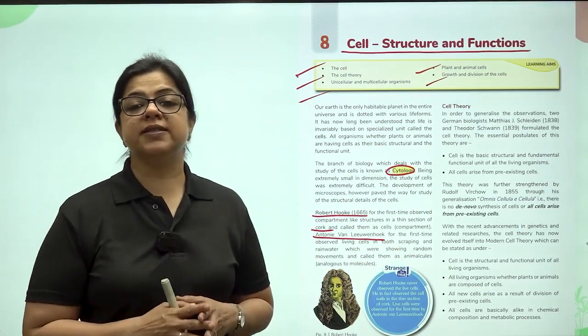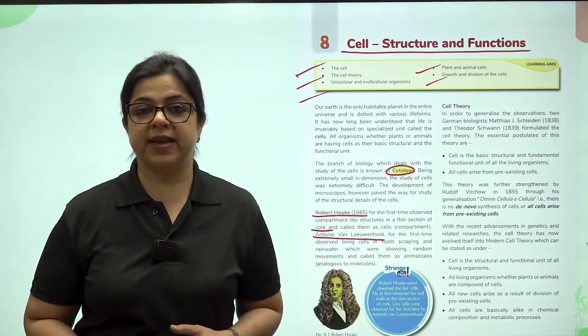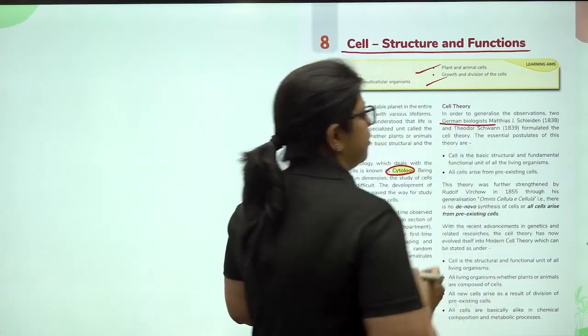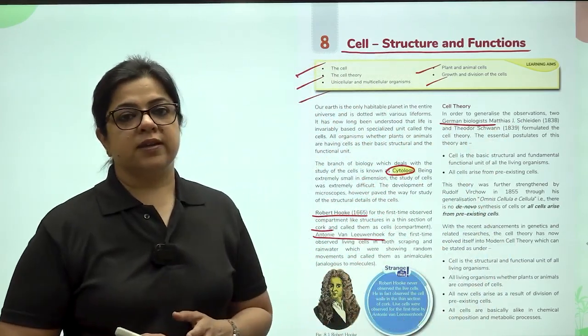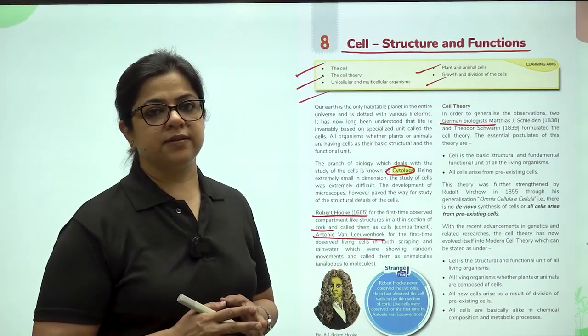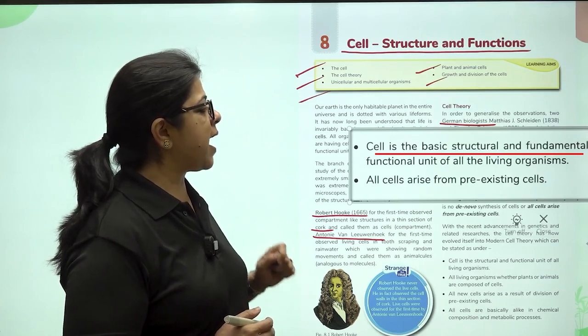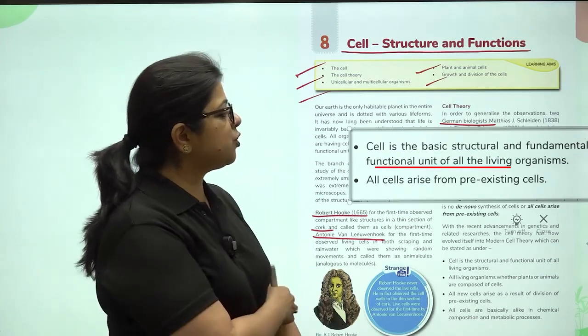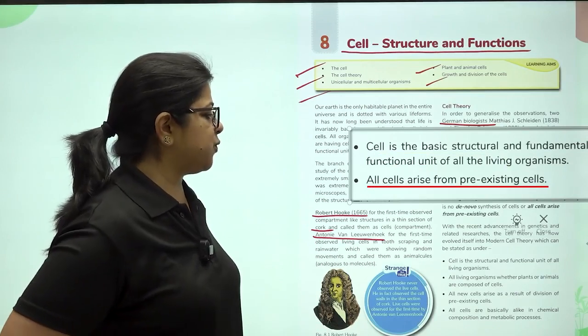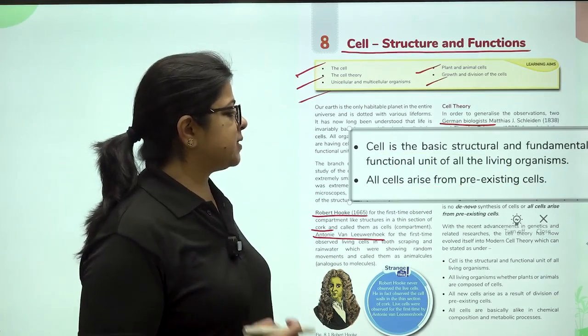So, in order to understand the general concept of the cell, German biologists formulated the cell theory. Now, this cell theory has got two main components in it. Cell is the basic structural and fundamental functional unit of all living organisms. All cells arise from pre-existing cells.